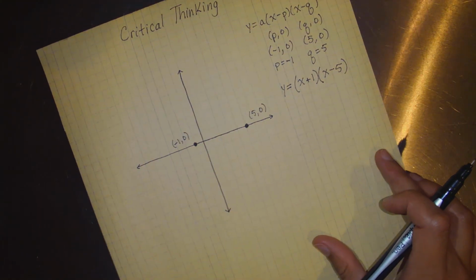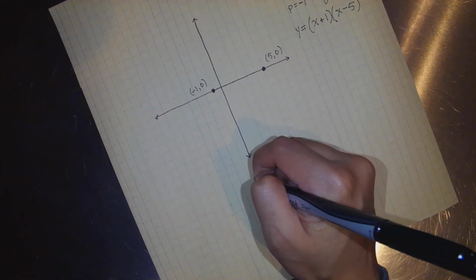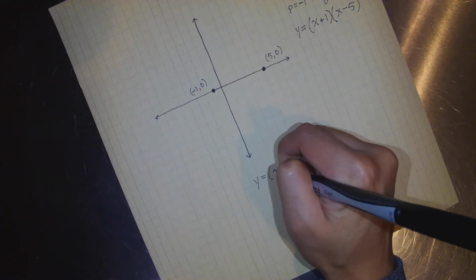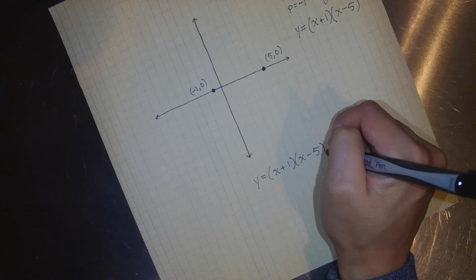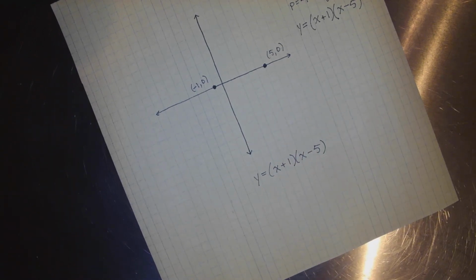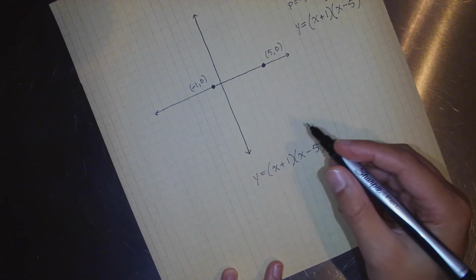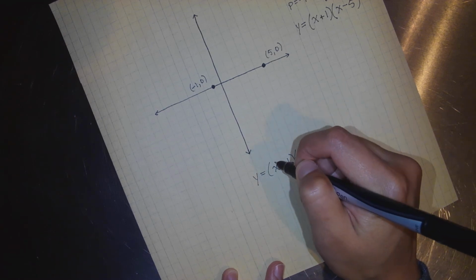One last question. If we have this for our equation, what would it look like in standard form? This step's pretty easy. We just do FOIL or the box method, whatever works for you.